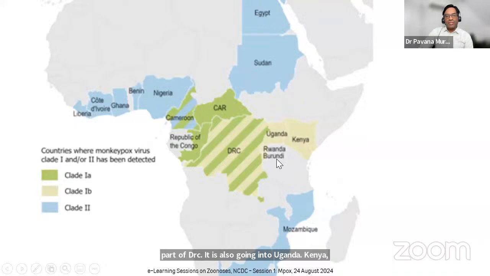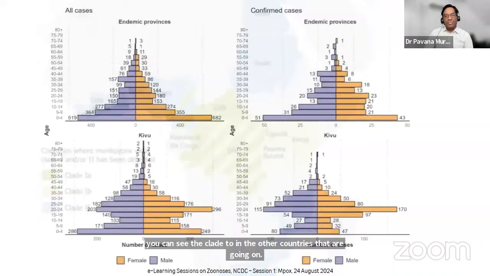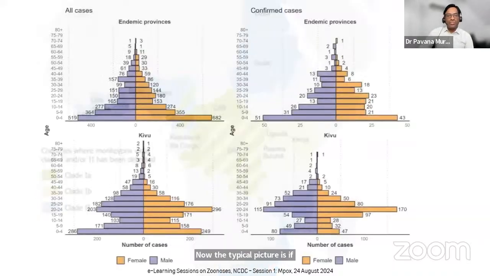Burundi has been affected the worst of these countries, and you can see clade 2 in the other countries. Now, the typical picture, if you see the age distribution, is in the endemic countries which had the original strain, which is 1A.